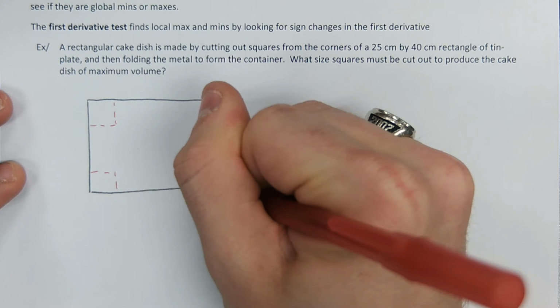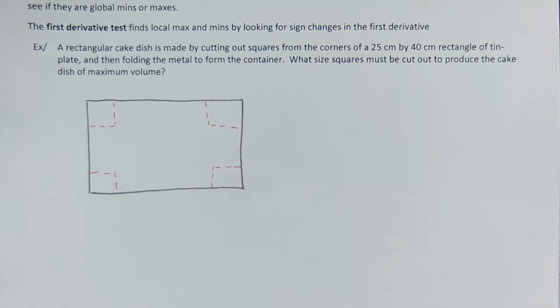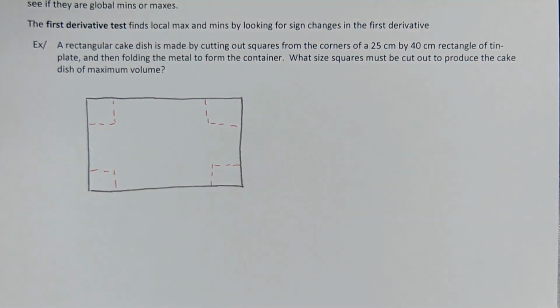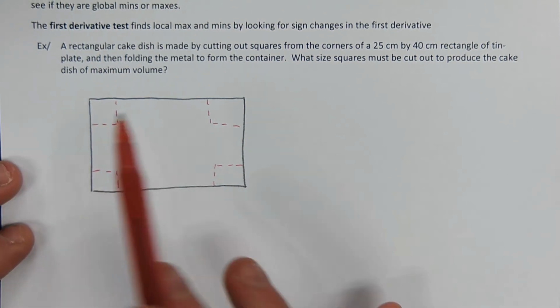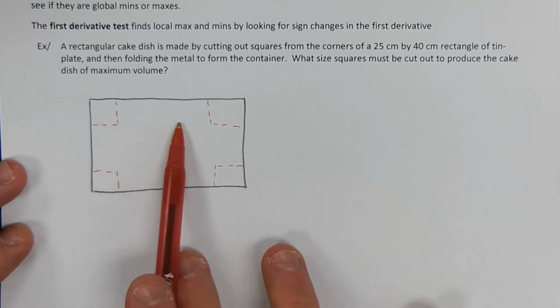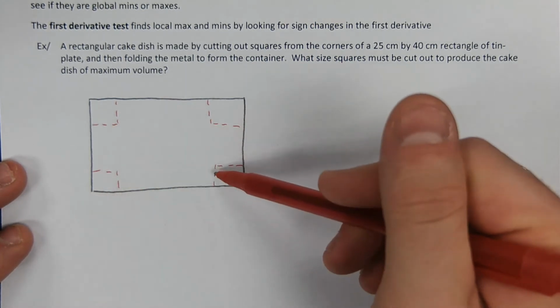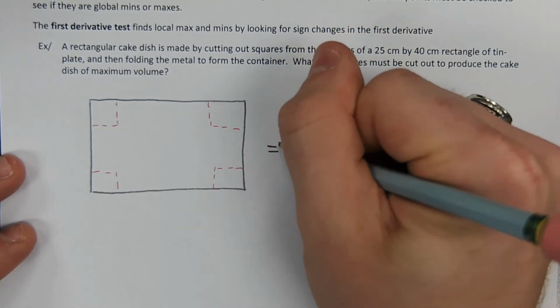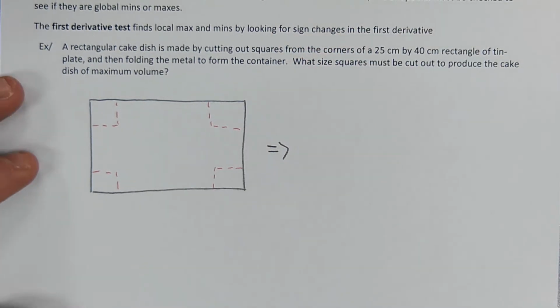Doing my best here. So the regions that are outlined in red dotted line will be gone. So these, which should have been squares, will be gone. And what you'll end up doing is the machine of some sort, because I doubt humans are doing it, is going to fold along this line, this line, this line, and this line to create an open top pan.